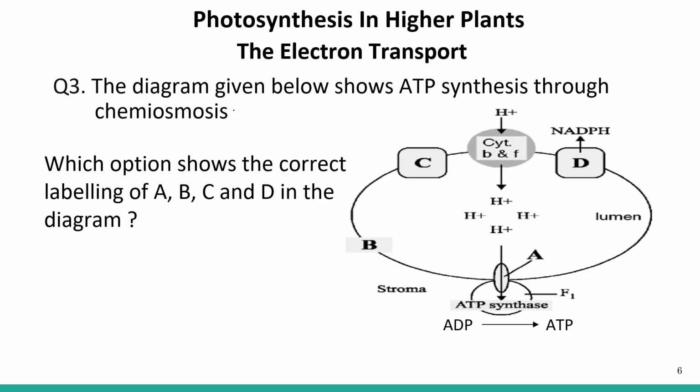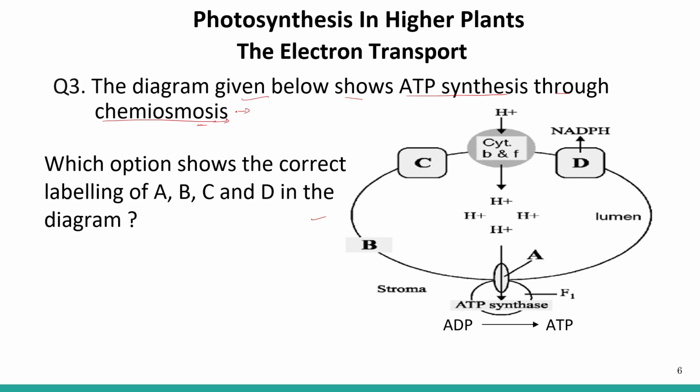The next question is, a diagram is given below. Okay, so a diagram is given below and it shows ATP synthesis through chemiosmosis. Alright, what is chemiosmosis? Formation of ATP by the breakdown of the proton gradient.